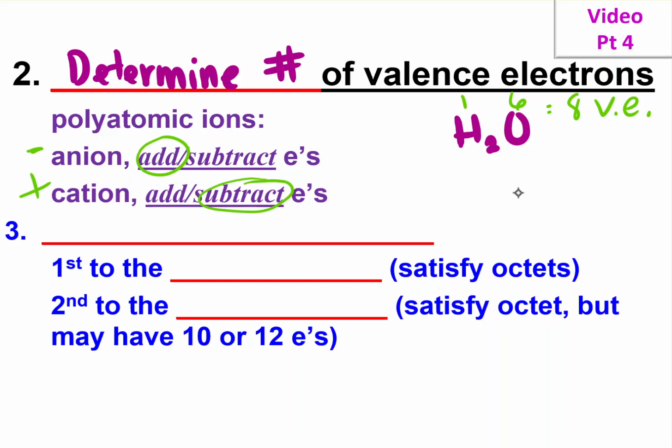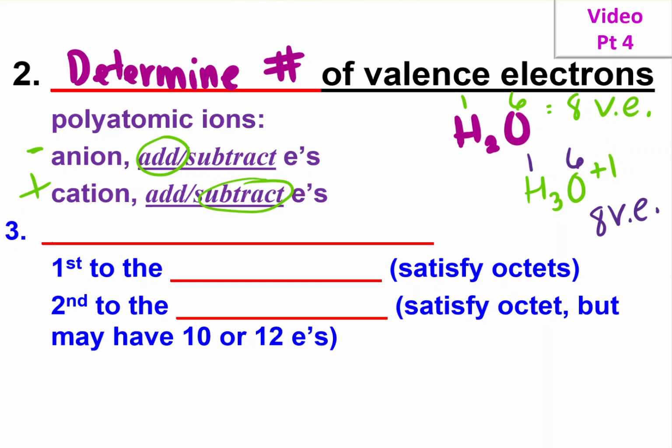So for example, if we look at this polyatomic ion, hydronium, each hydrogen has 1 valence electron, and oxygen has 6. So normally I would have 3 plus 6, that's 9, but then I have a positive 1, so I need to subtract 1 to make it have a positive 1 charge. So this again would have 8 valence electrons.